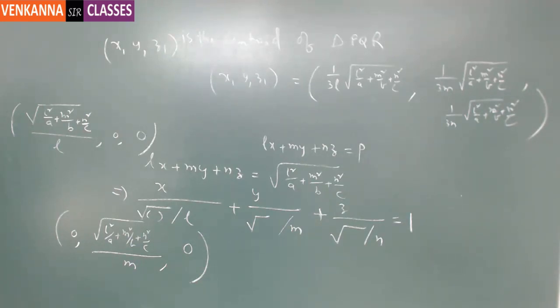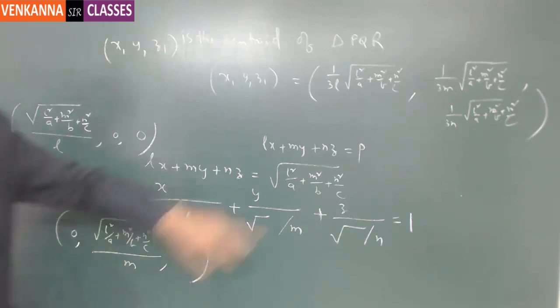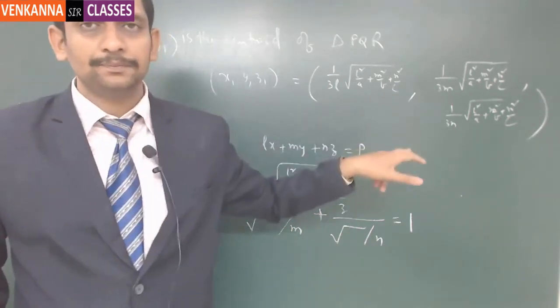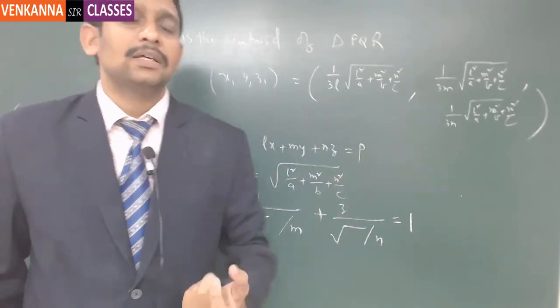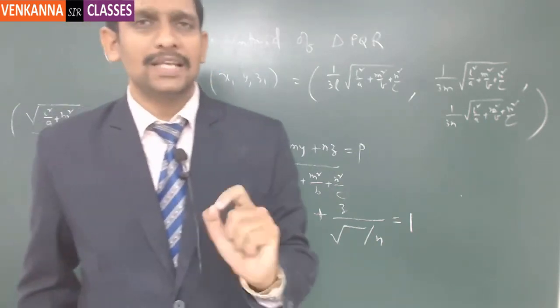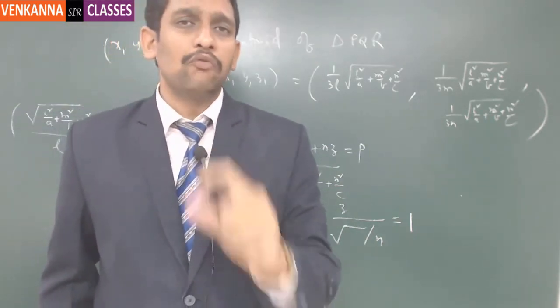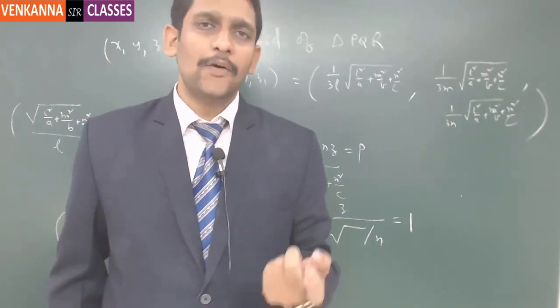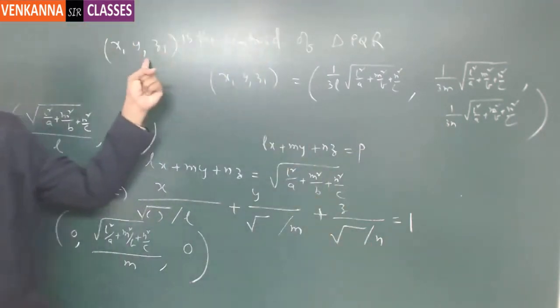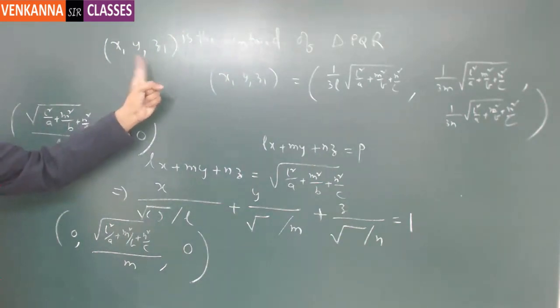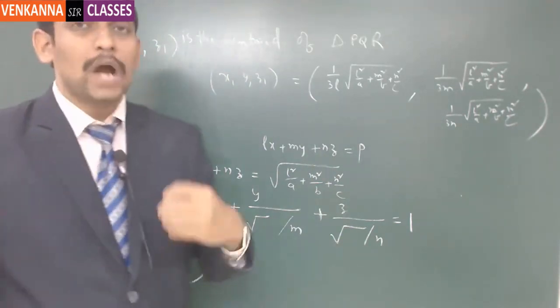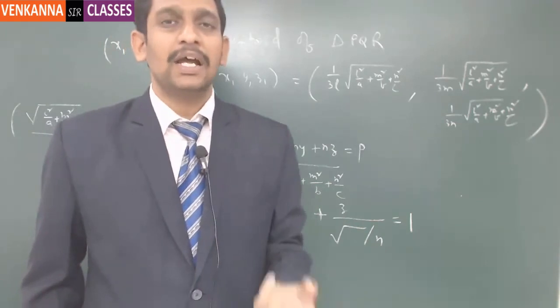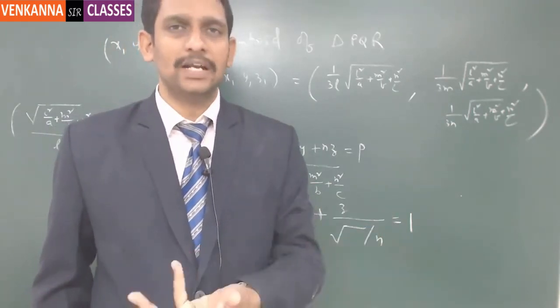After applying the centroid to the vertices, I got it. Now, I have to eliminate the value of the parameter. Why? Because my question is to find the locus of the centroid. As I have considered that x1, y1, z1 is the centroid, I have to obtain an equation involving only x, y, z.